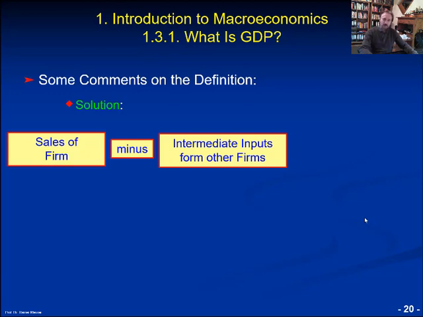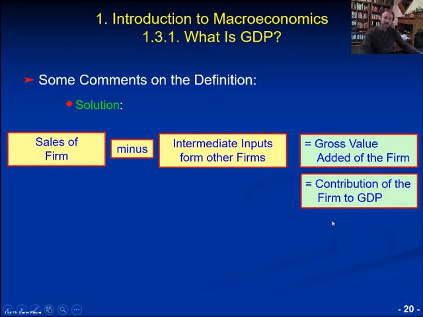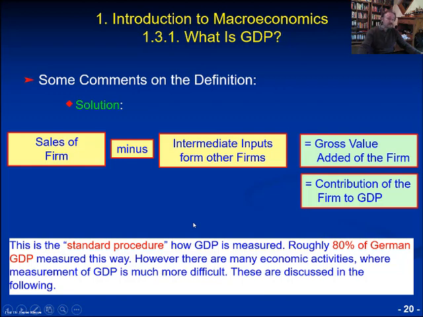The value we then receive is the gross value added by this firm. This value added of the firm is the contribution of this firm to GDP. This is the standard procedure how GDP is measured. Roughly 80% of German GDP is measured this way. However, there are many economic activities where the measurement of GDP is much more difficult. These are discussed in the following.